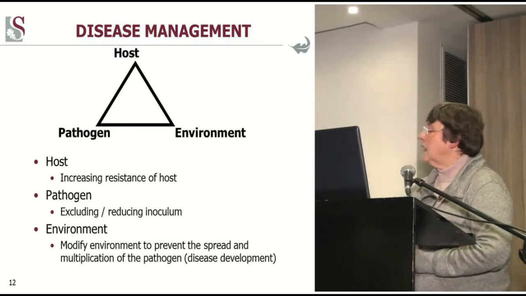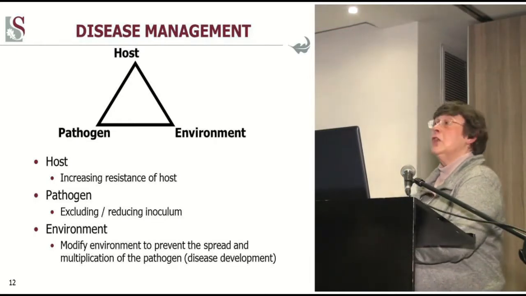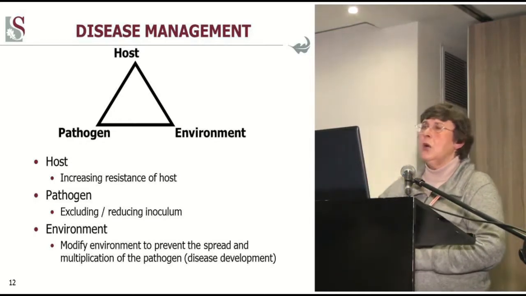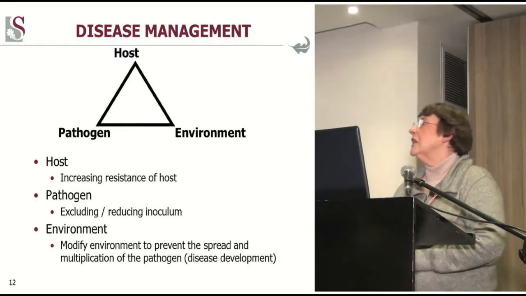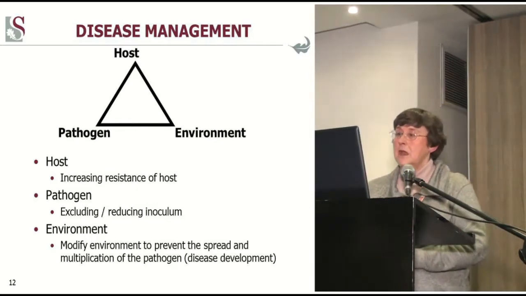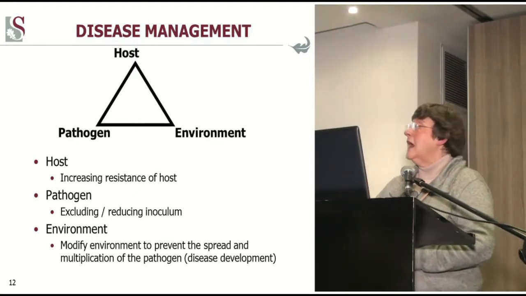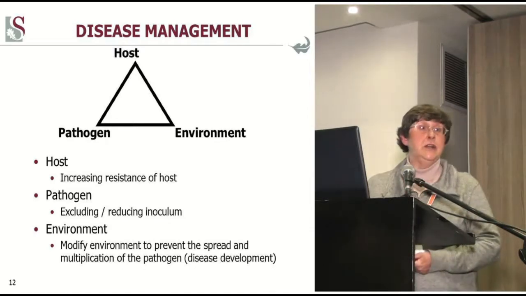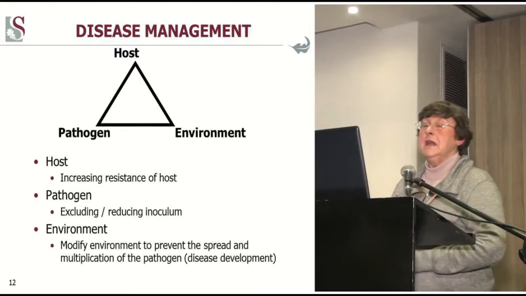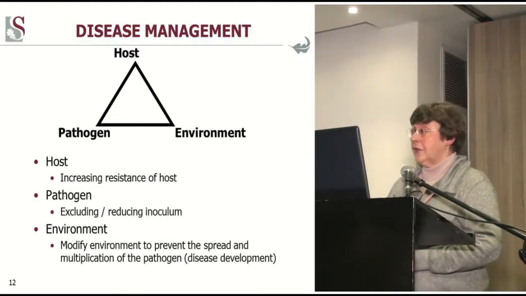Because as soon as we bring resistance into our host, either we will not get disease at all, or we will get a much slower progress of that disease in that crop, by breeding for resistance. In terms of the pathogen itself, if we want to exclude that initial inoculum x_i, a method of excluding initial inoculum would be quarantine systems.